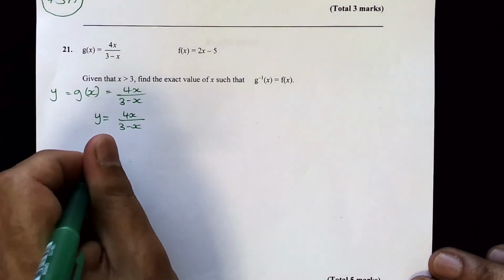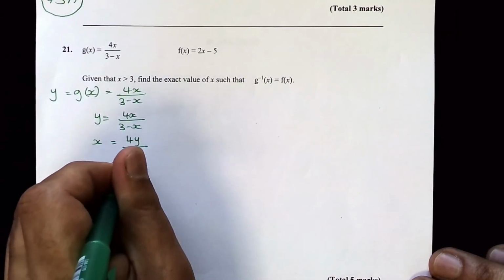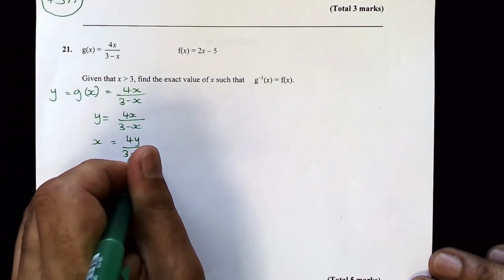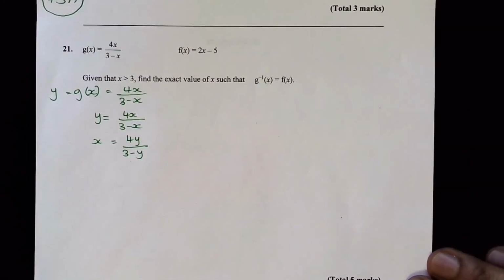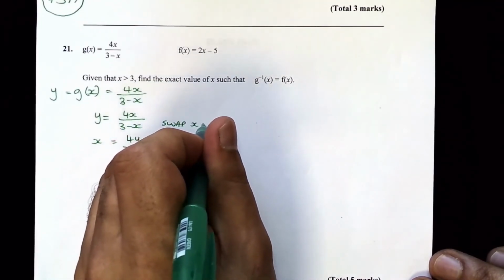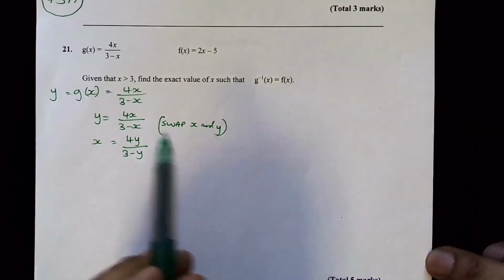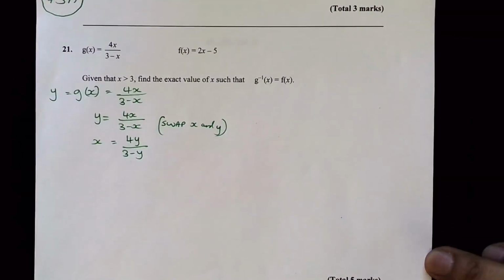So x is equal to 4y divided by 3 minus y. I'll swap x and y, and put that there to remind people what I've done.